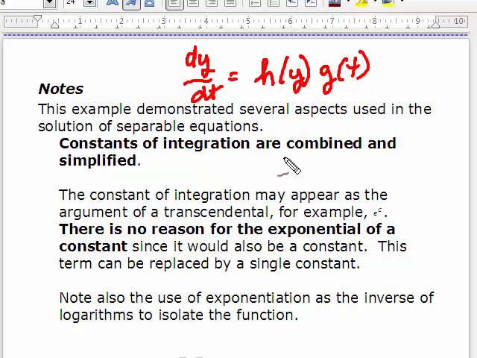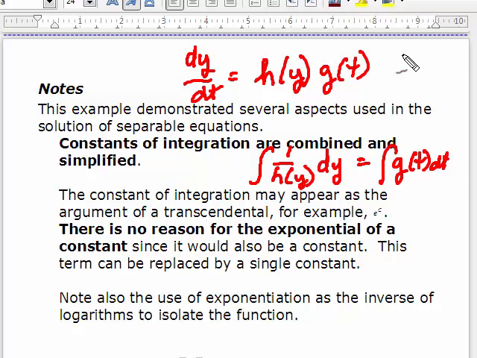You're really integrating with respect to time, but by some change of variables, you end up looking like you're integrating this way. So you'll have 1 over h of y dy equals the integral of the function of time times dt. You have set aside a special condition where h of y is not equal to 0, and that will be considered later. It's another solution, but it won't be a solution of the method.